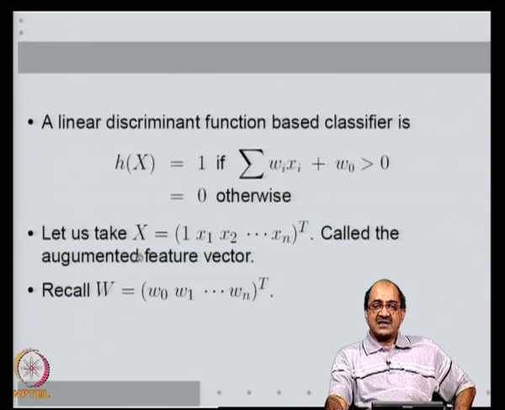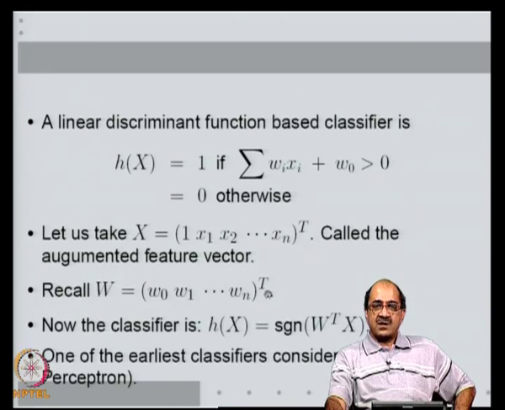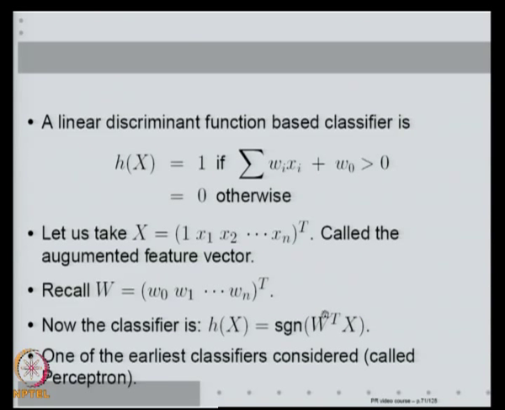Take this as the new feature vector; it is often called the augmented feature vector. If w0 to wn is the parameter vector, then I can write w0 as w0 into 1, which is the same as w0 into x0. So, the entire thing is now simply a dot product between two vectors. I find w transpose x, and the sign of w transpose x is what determines the classification.